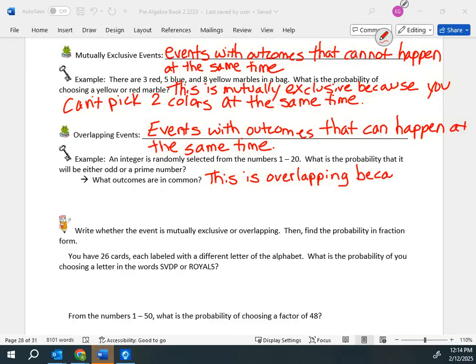Because if you pick a 5, it is both odd and prime.